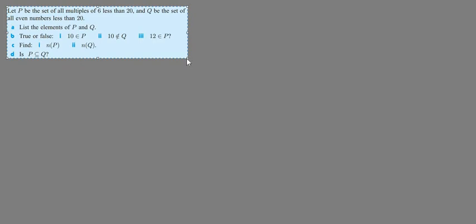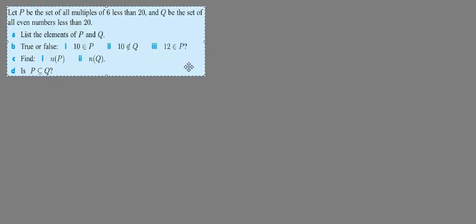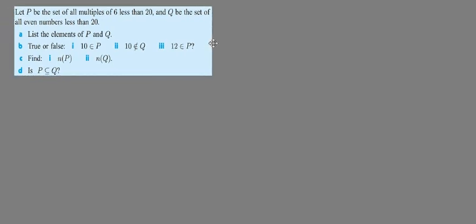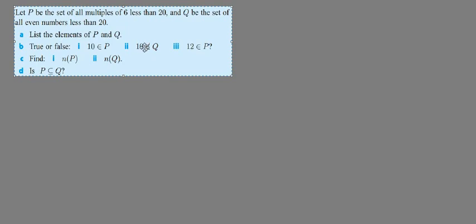Okay, now this is our question. You might have seen the answer already, but let's try to discuss. Let P be the set of multiples of 6 less than 20. Let's list down.